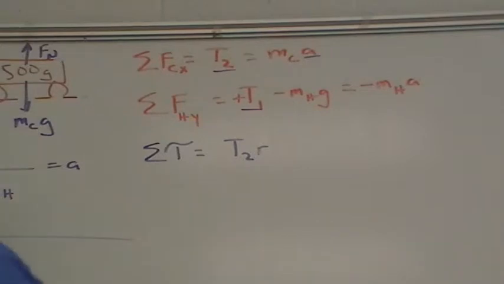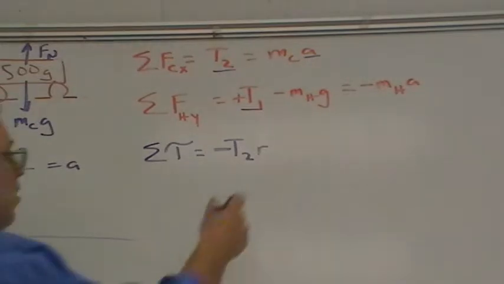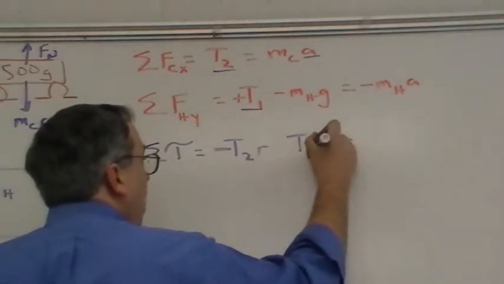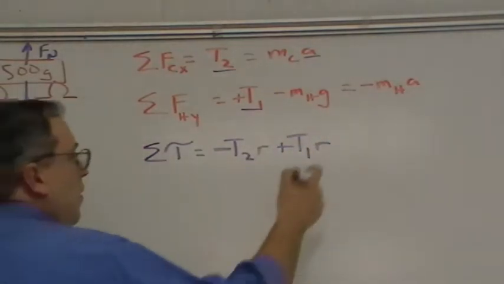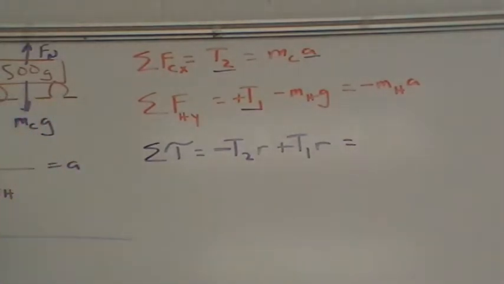Clockwise. And clockwise torques are negative. T1. Okay? The torque due to T1 will be T1 times the radius R, and it's counterclockwise, which makes it positive. Okay? Those are the only 2 forces trying to make this thing rotate.